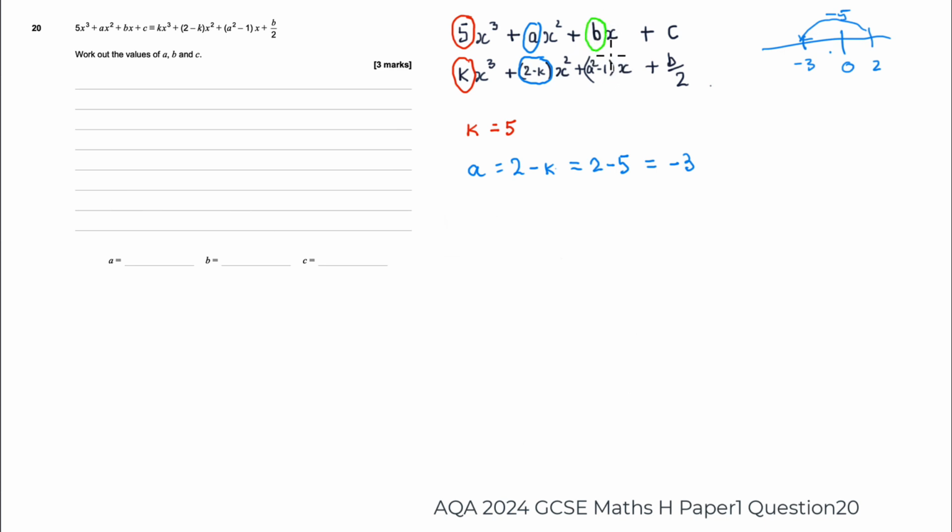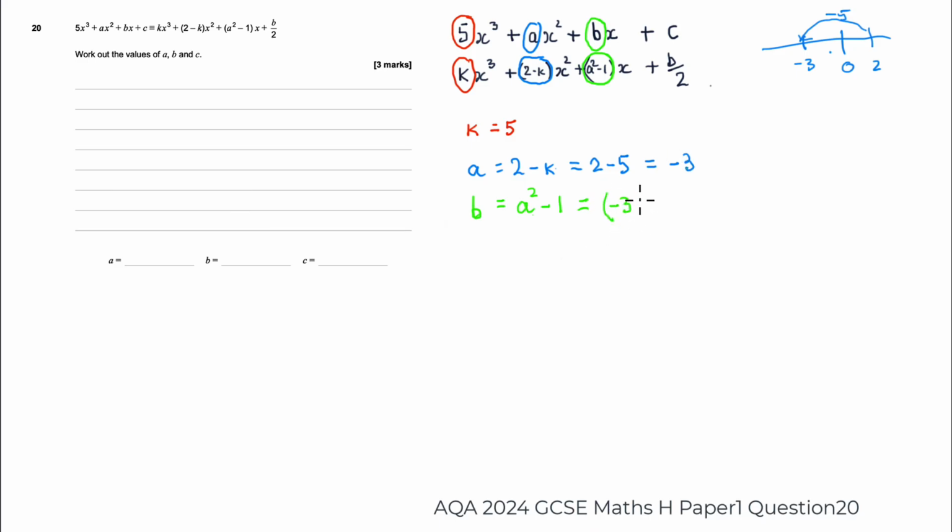b lots of x must be identical to a squared minus 1 lots of x. So b will be the same as a squared minus 1. Well, we've worked out what a is. It's negative 3. Now watch out for this.